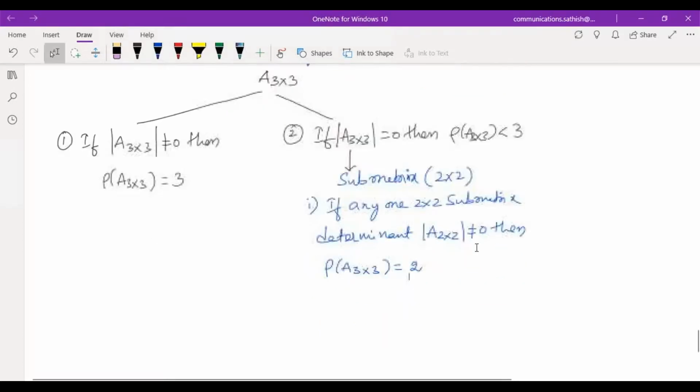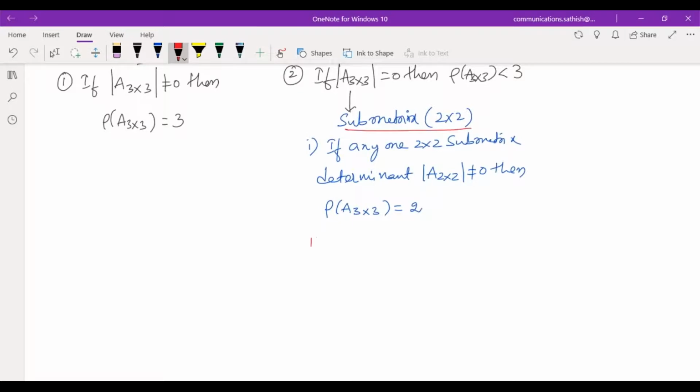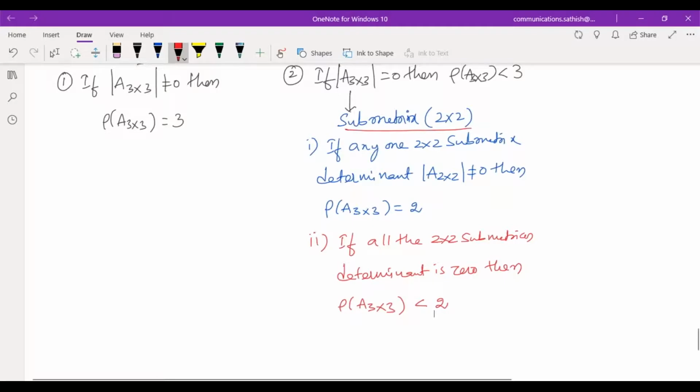Next, one more point: if all the 2 by 2 submatrix determinants are 0, then the rank of the third order matrix will be less than 2 only, right?